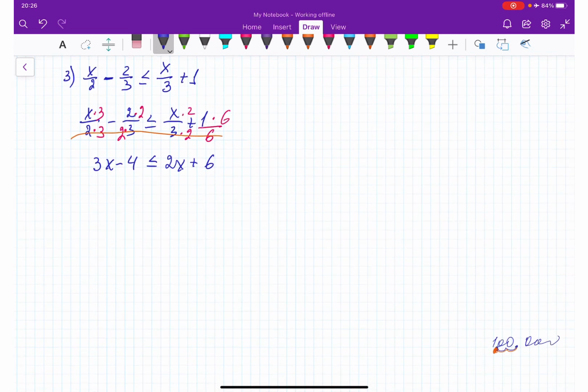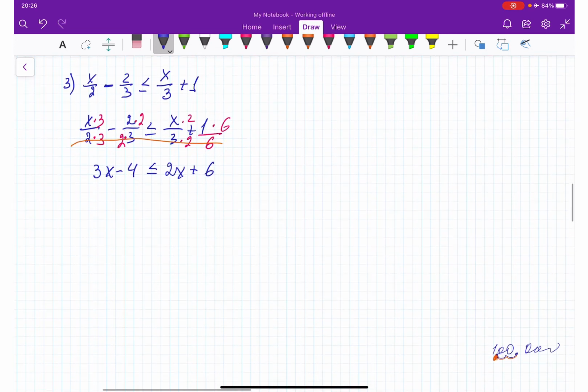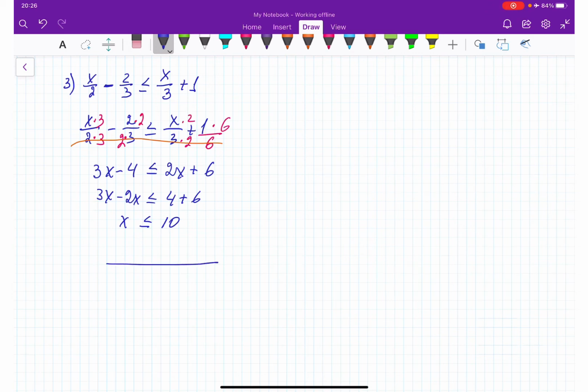Okay, let's solve it. We are going to have 3x minus 2x less than or equal to positive 4 plus 6. So x is less than or equal to 10. Because it's less than or equal, it's going to be a square bracket, right?